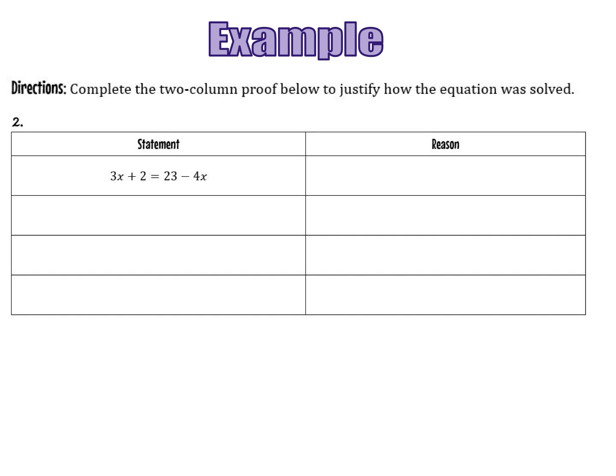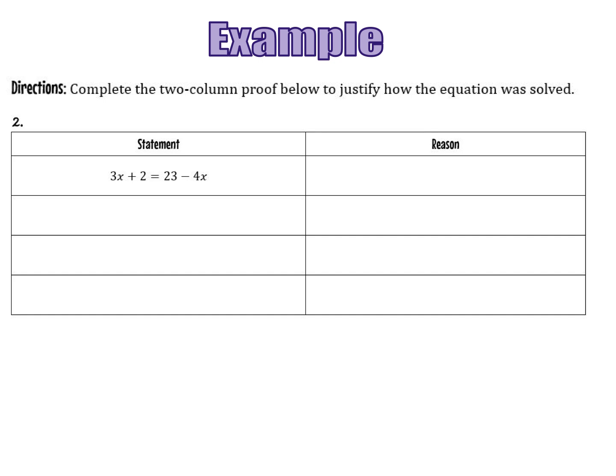All right, here we have our first full proof where we're starting with a statement and we're going towards our final answer. What I want you to do is to fill in the statement column on the left. I'm going to help you with the very first step on doing this. I don't want you to show your work within the next box, but your work is going to result in the next box.